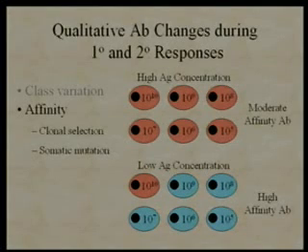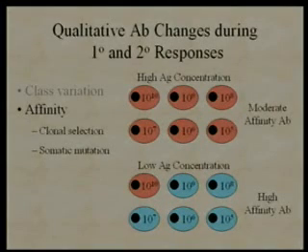The other reason why you get affinity maturation is due to somatic mutation. Because upon secondary exposure to the antigen, the somatic mutation mechanism is activated, and we begin to introduce mutations in the immunoglobulin molecules.